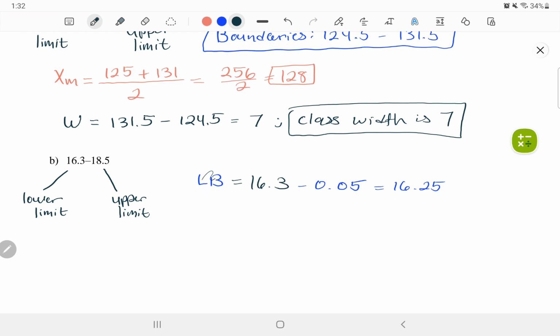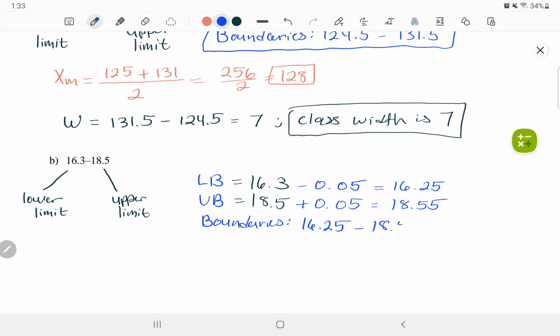For the upper boundary, which I'm going to call UB, that is equal to the upper class limit, 18.5, plus 0.05, and that equals 18.55. So those are my boundaries: 16.25 to 18.55.